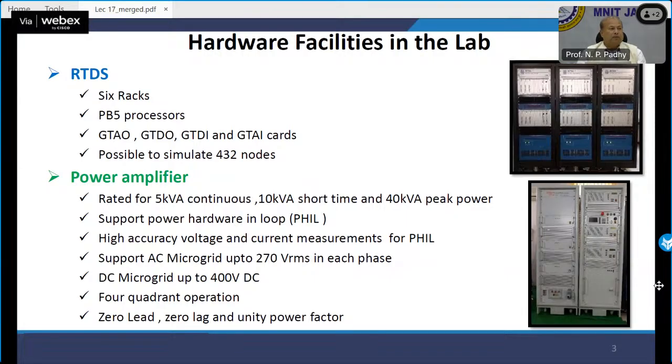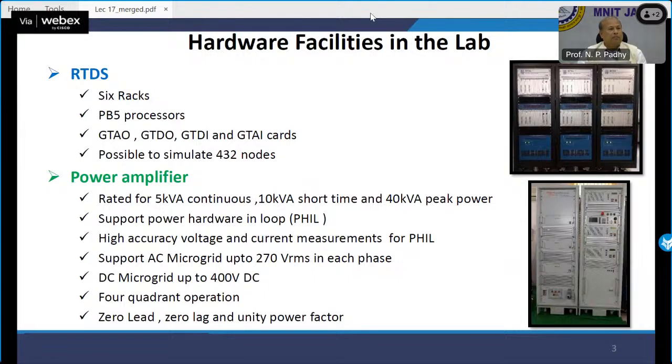Now it supports power hardware in loop, which is PHIL, and high accuracy voltage and current measurement for PHIL is possible. It supports AC microgrid up to 270 volts RMS in each phase, and DC microgrid up to 400 volts DC.